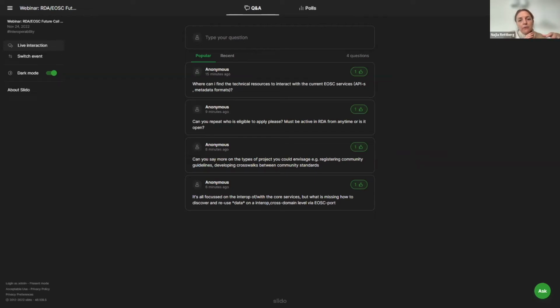So one of the evaluating criteria is weighted heavily in applications that come from people who are active in RDA in general. That could be in interest groups, or leading, or being co-chair in any of the working groups, or who recognize that they have been present at some of the RDA events, or who could also make a case for setting up some kind of interest group in this area, if it's cross-disciplinary or even at a global level.